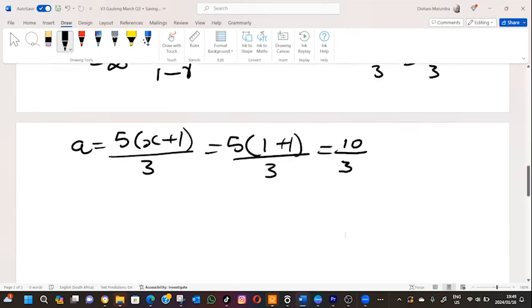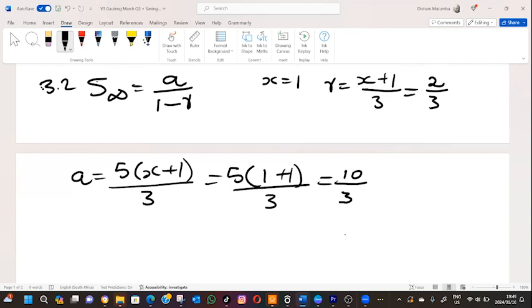What are we going to have? We are going to have S up to infinity equals 10 over 3 divided by 1 minus 2 over 3. What do we get?